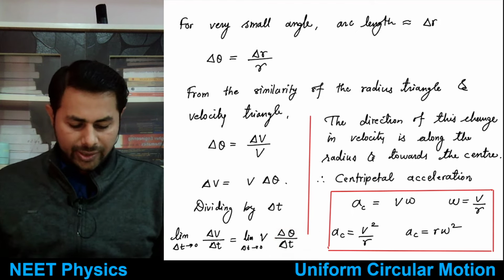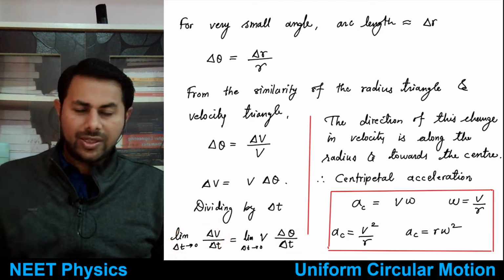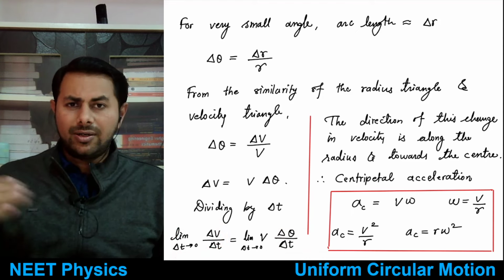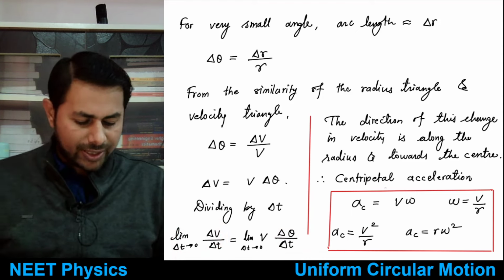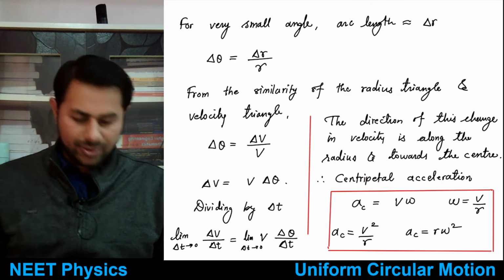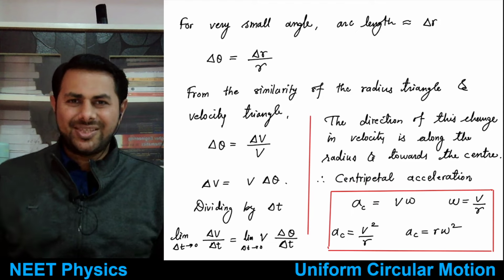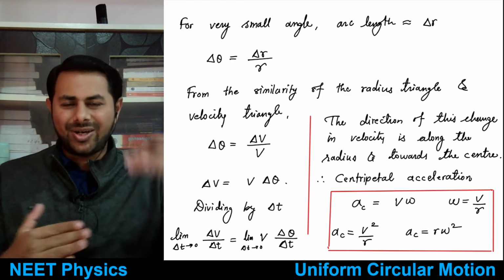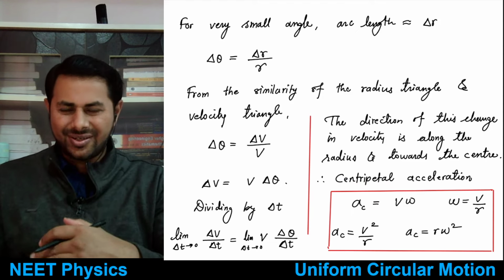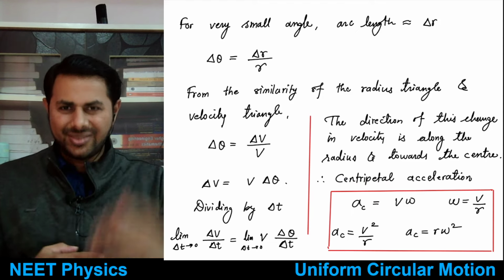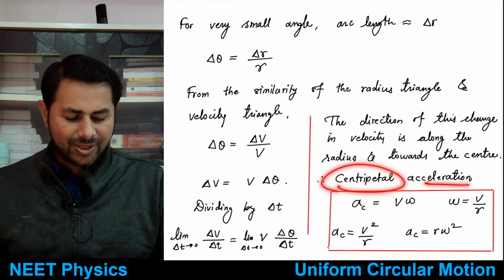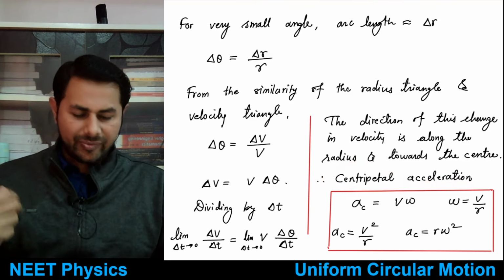So this acceleration is because of which thing? It's because of the change in direction of velocity, and that's why we call it centripetal acceleration. Actually, that is not the reason for the name. The reason is that this acceleration is directed along the radius and towards the center of the circle. That's why it is called centripetal acceleration. But where does it come from?